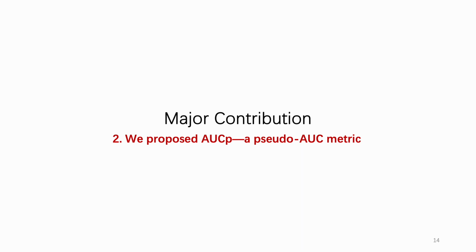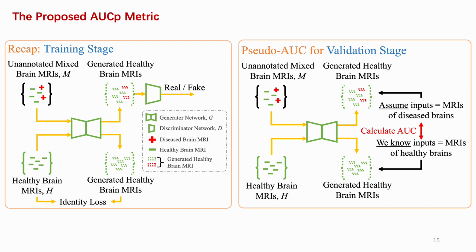Therefore, as our second major contribution, we propose a pseudo-AUC metric for inference model selection. To calculate our pseudo-AUC score at the validation stage, we first translate a set of unannotated MRIs and calculate the disease detection score by translating them into MRIs of healthy brain. As we don't know the annotation for these MRIs, we assume their ground truth is disease.